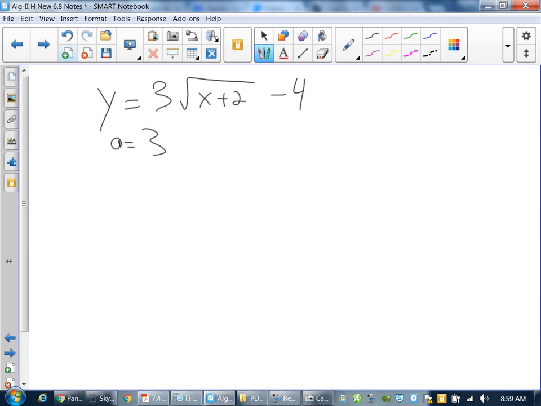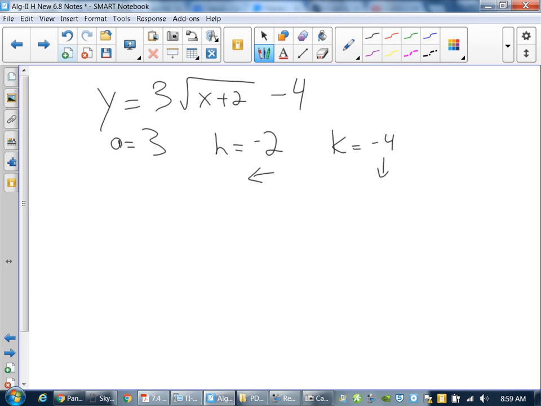A is 3. What's h? -2. And what's k? So that means right off the bat, what direction am I going to shift my parent function? It's going to go down, and it's going to go left. So I know it's going to have to move left and down.